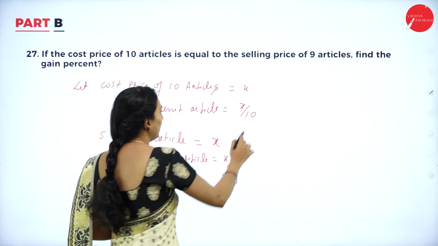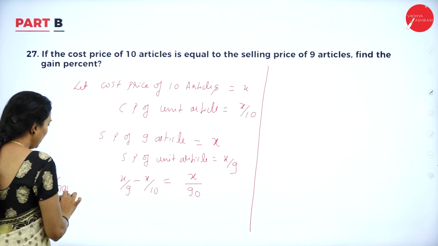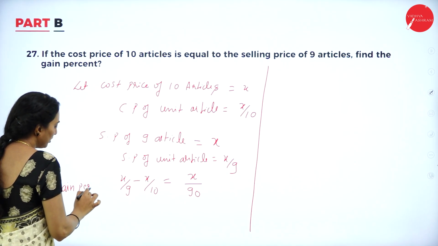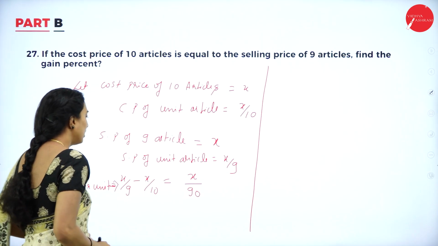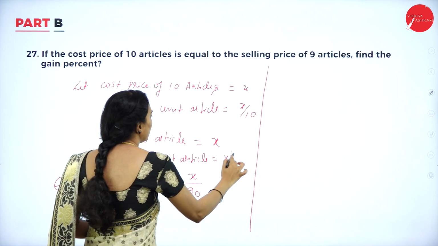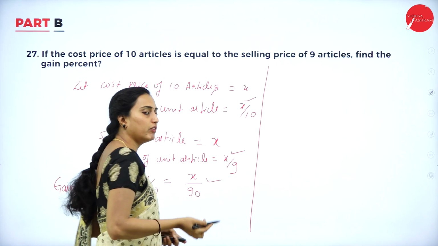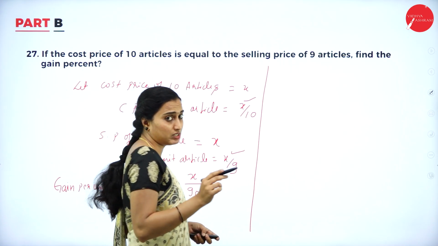So what they've asked is gain percentage, isn't it? This is a gain per unit. Gain per unit. Now writing this and this will be one mark. Next you are going to have gain percentage.